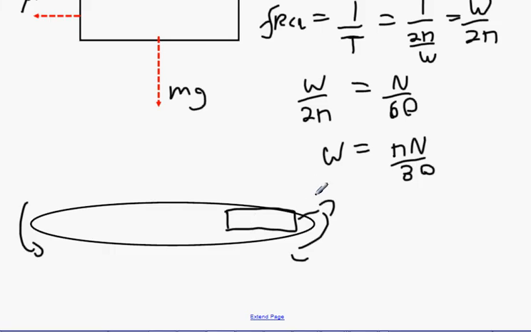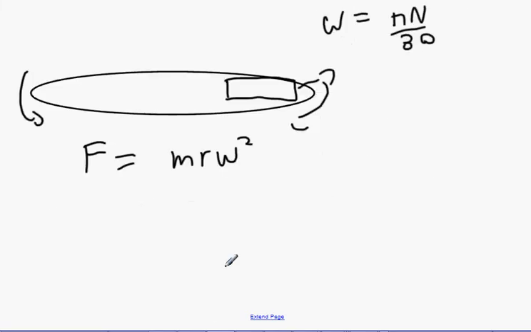It's sliding out of the plane of the disc. So force equals mass times r times omega squared. The force is going to be the friction acting to the right, and centripetal force acting to the left, balancing it in play.